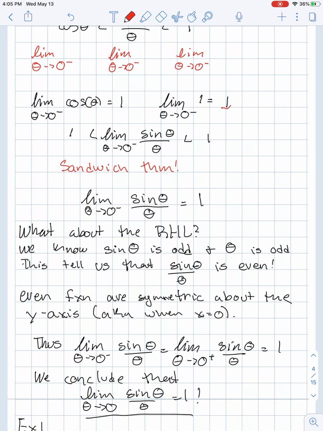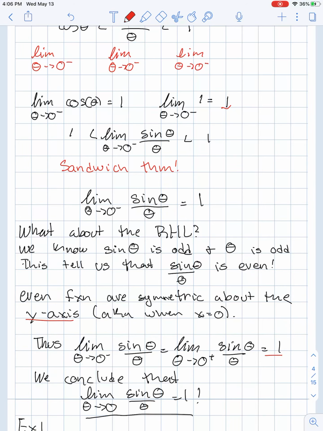Even functions are symmetric about the y-axis. The y-axis is when x equals 0. Perfect. We're kind of looking at when our variable equals 0. So that means that the left-hand limit as theta goes to 0 of sine of theta over theta is going to equal the right-hand limit as theta goes to 0 of sine of theta over theta, which we know, we found the left-hand limit, equals 1.